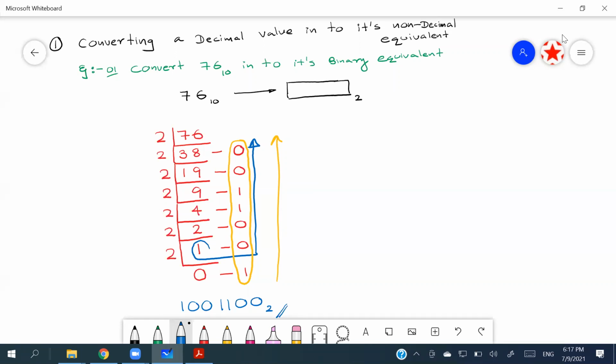Otherwise, we can go to the second example. Right. Is there anyone still writing this? Please indicate.